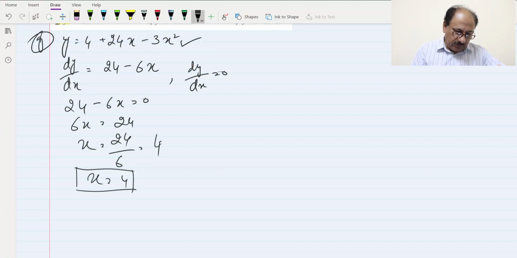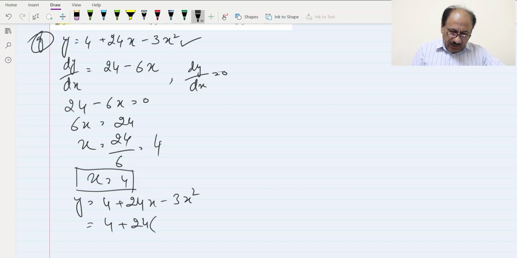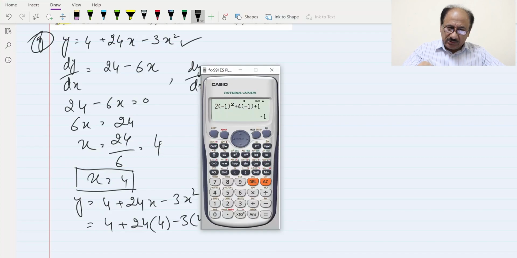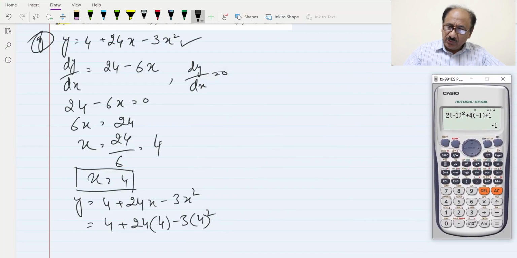So y is equal to 4 plus 24x minus 3x squared, and this will be 4 plus 24 times 4 minus 3 into 4 squared, and this one we can solve with the help of a calculator.